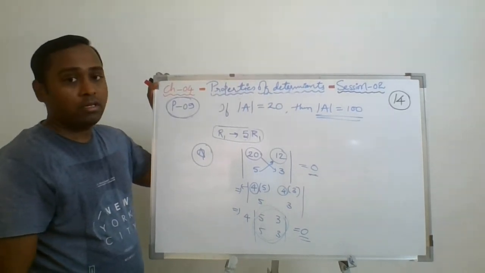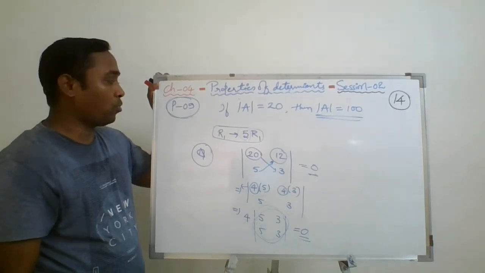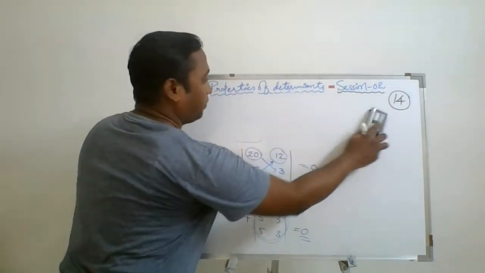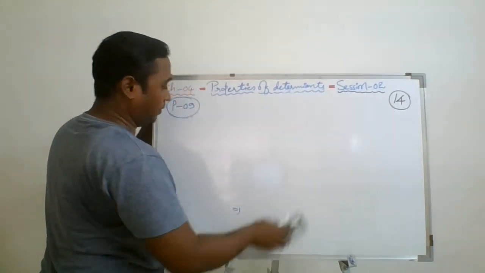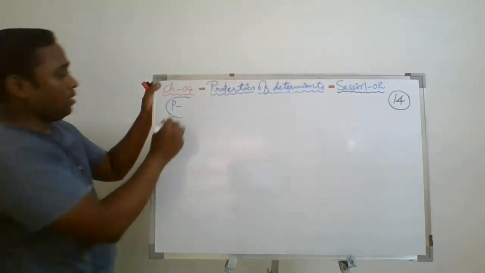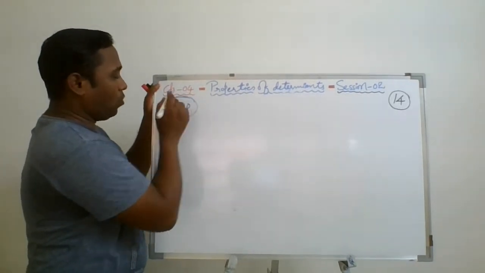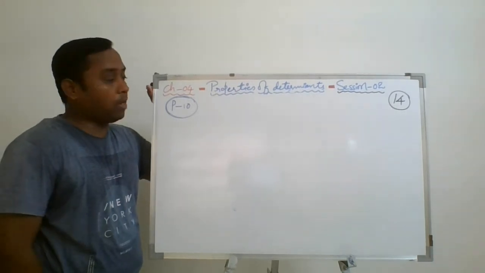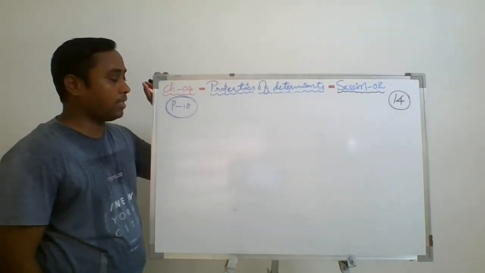Now coming to the second last property of today's session, property number 10. What is this property number 10? We are going to use this property number 10 frequently, many times in this chapter, in this exercise.